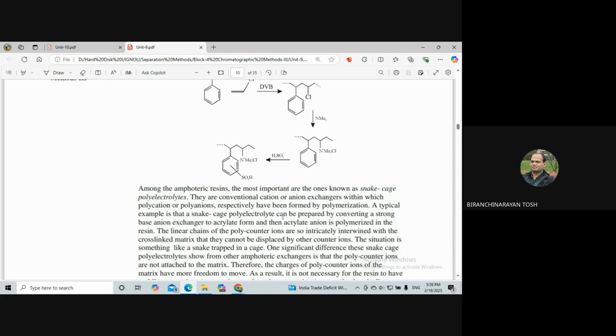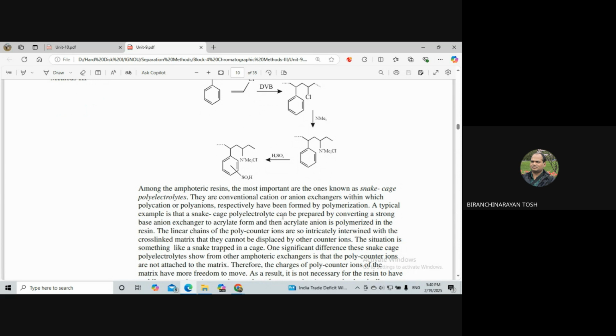The linear chains of the polycounter ion are so intricately intertwined with the cross-linked matrix that they cannot be displaced by other counter ions. The situation is something like a snake trapped in a cage.